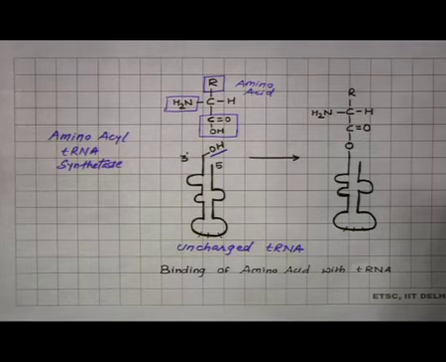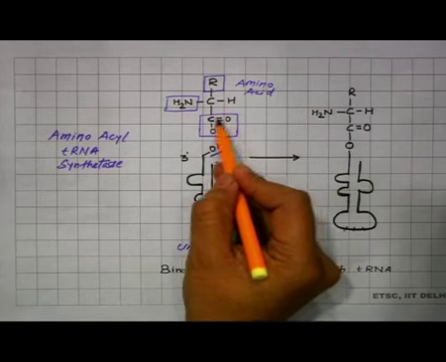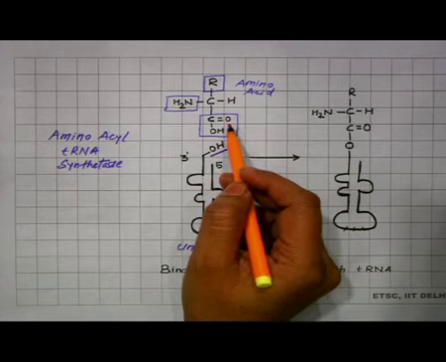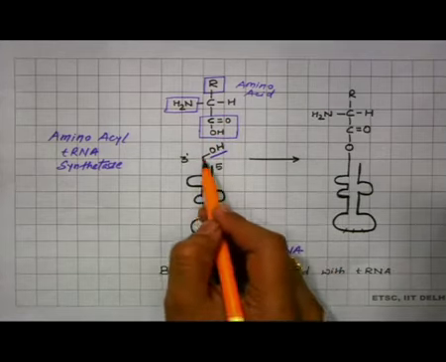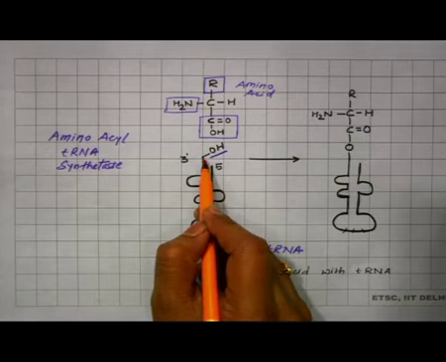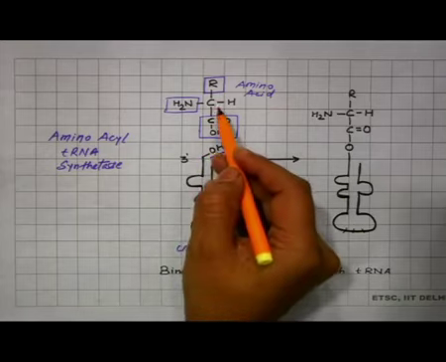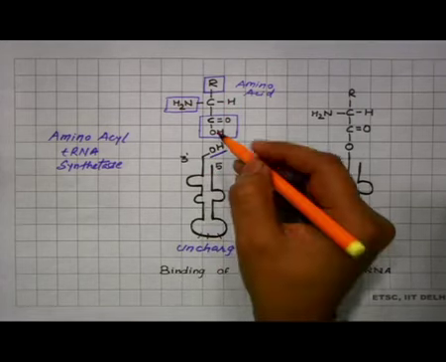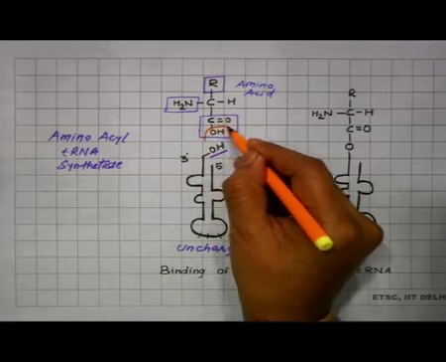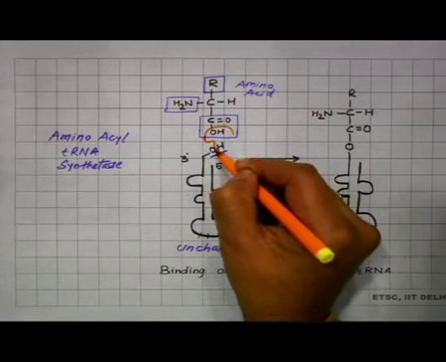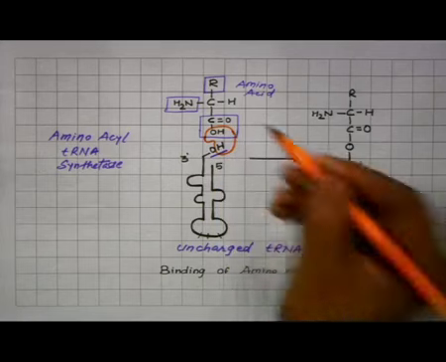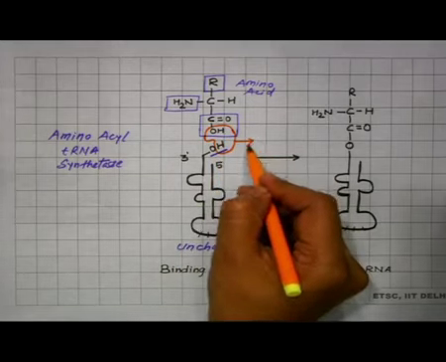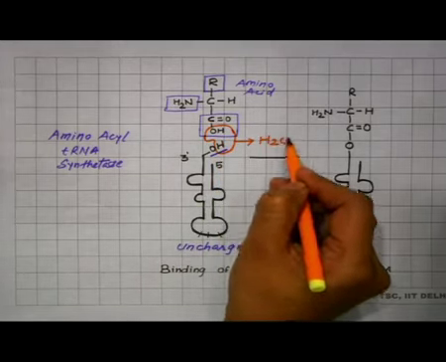You always remember that this carboxylic acid, the C end of the amino acid, will always interact with the 3' end of the RNA to form the bond, so that it can combine at the 3' end. How is the bond being synthesized? This OH of the acid and this hydrogen of the RNA will interact together to form the water molecule H2O.